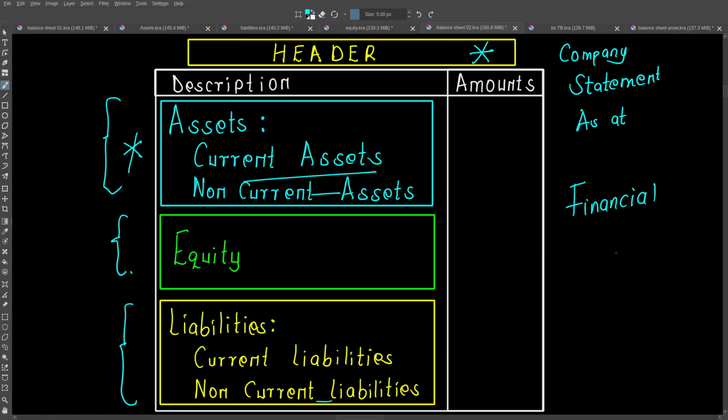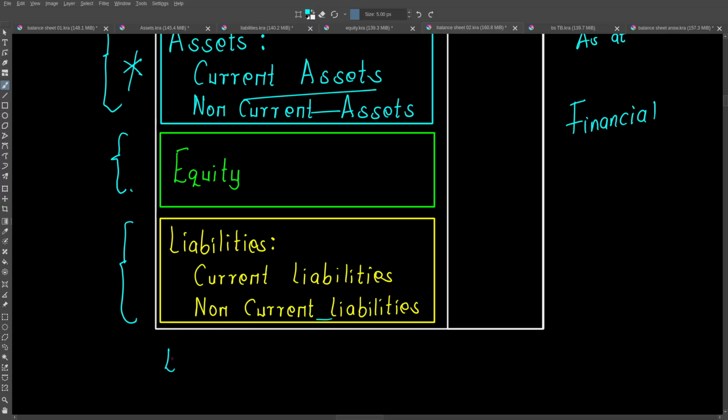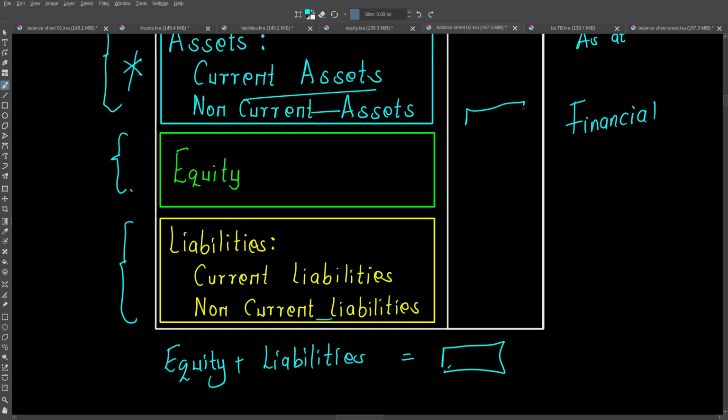So for financial institutions, that is the banks and insurance, you're going to see a different structure, but this is the most common structure for other businesses, and they can also use it as well, okay? So basically at the end, we should be able to see equity plus liabilities. What is the total of equity plus liabilities, and it should be equal to the total assets.